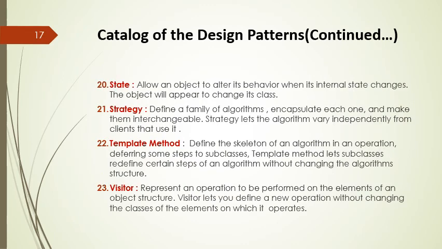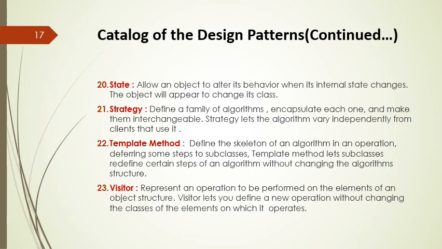State. Allow an object to alter its behavior when its internal state changes. The object will appear to change its class. Strategy. Define a family of algorithms, encapsulate each one, and make them interchangeable. Strategy lets the algorithm vary independently from clients that use it. Template method. Define the skeleton of an algorithm in an operation, deferring some steps to subclasses.